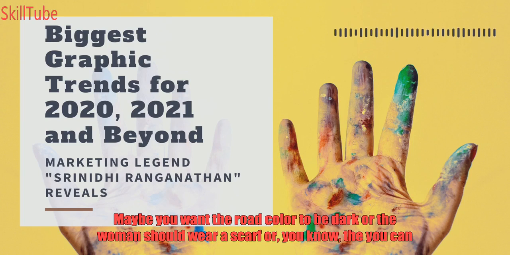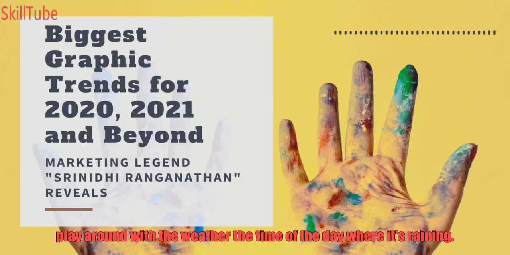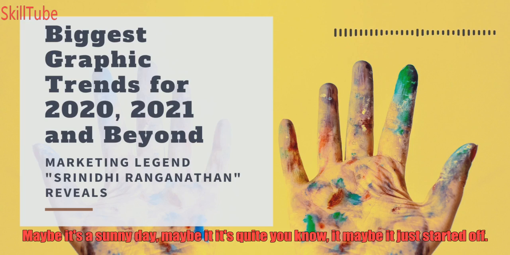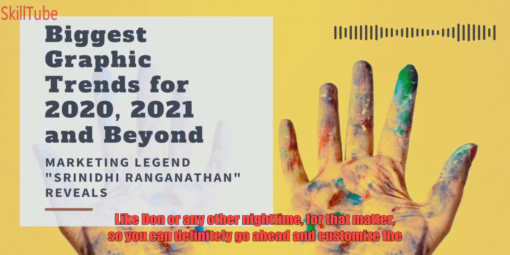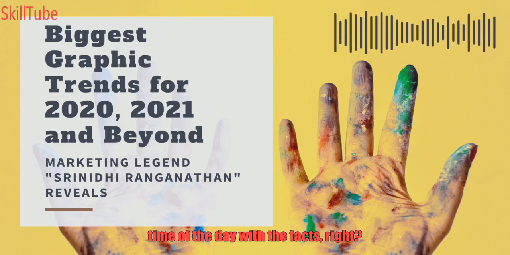Maybe you want the road color to be dark, or the woman should wear a scarf, or you can play around with the weather and the time of the day. Maybe it's raining, maybe it's a sunny day, maybe it's dawn or nighttime, for that matter. So you can definitely go ahead and customize the time of the day, maybe the FX, right?